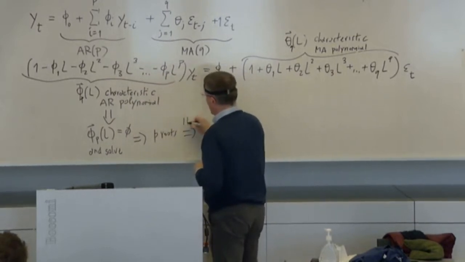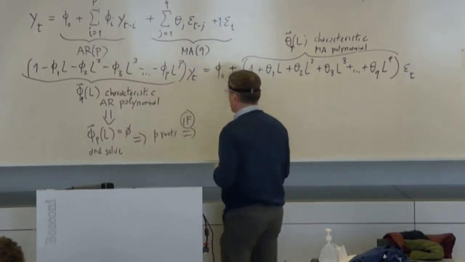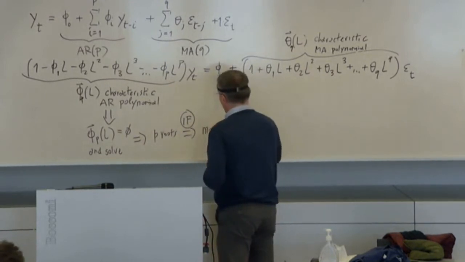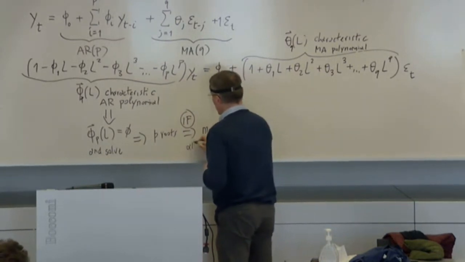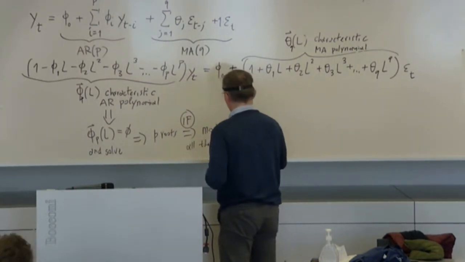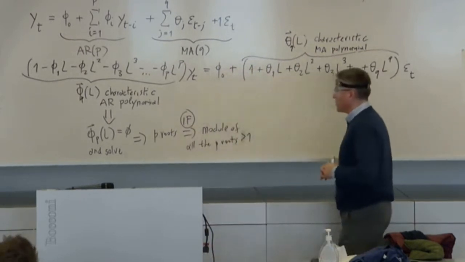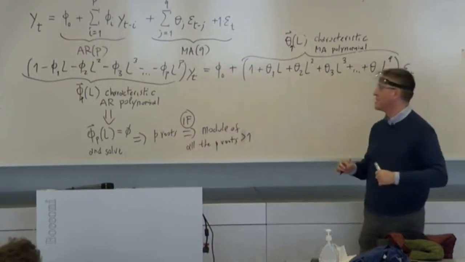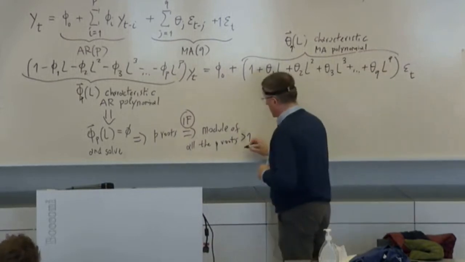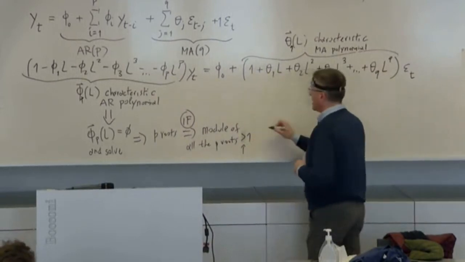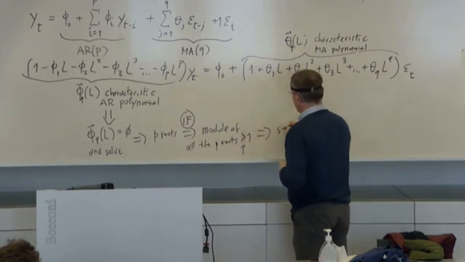Now, there is an if condition here: the absolute value, the module to be precise. If the module of all the P roots is greater than 1, important, greater than 1, you will see soon, but in a few weeks, why sometimes there is a less sneaking in, then you know that you have stability.